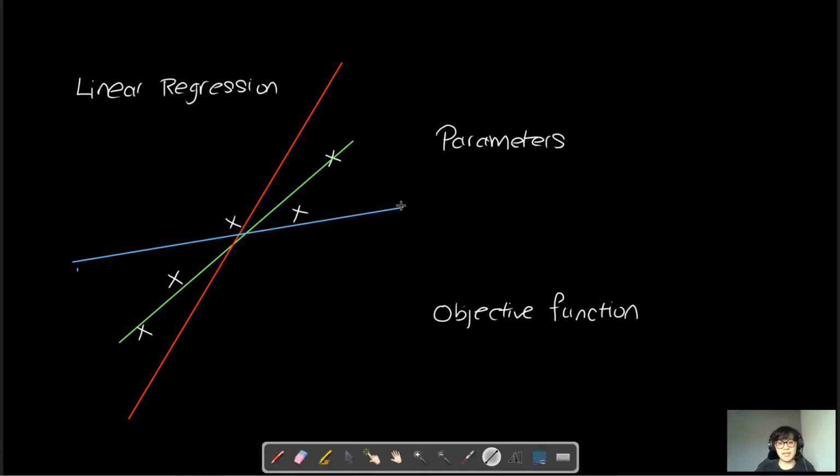Well, if you recall one of the mathematics courses that you've taken previously, you only need two parameters really. You only need the gradient of each line, which is m, and you need the y-intercept of each line, which is c.